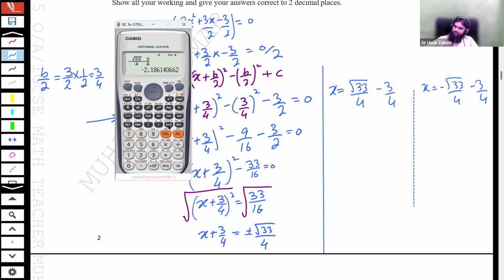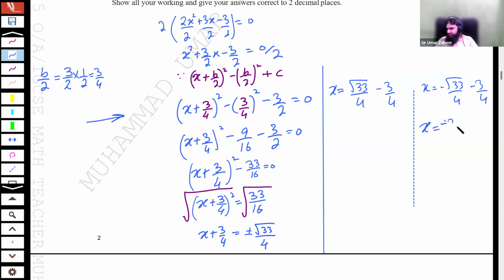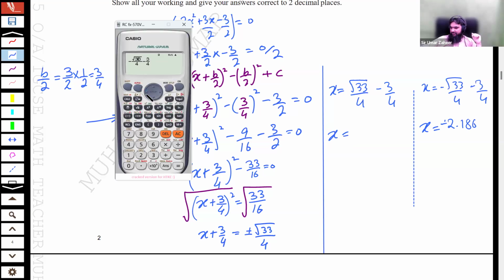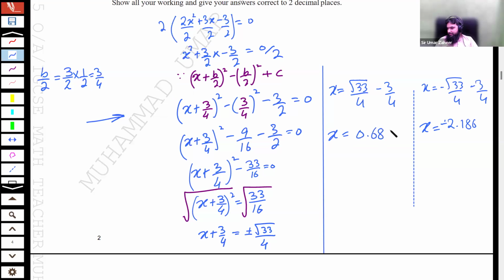The answer is minus 2.186. For the second value, we have to take both, one is positive. So the answer I'm going to get is 0.686.